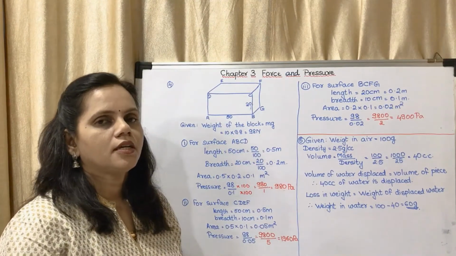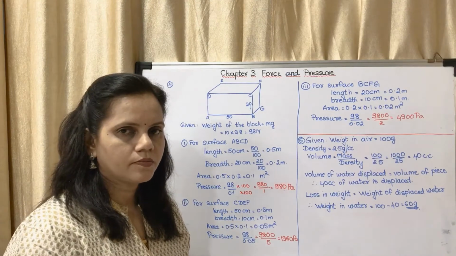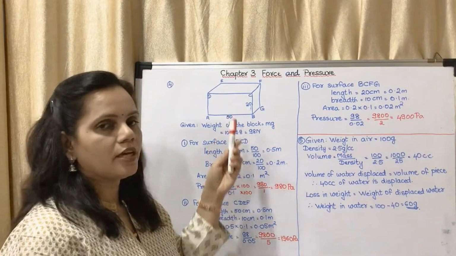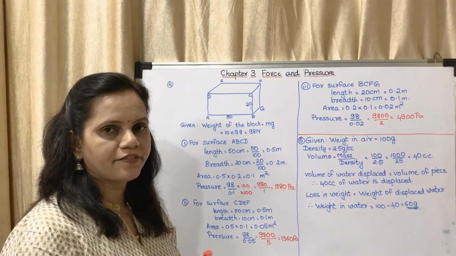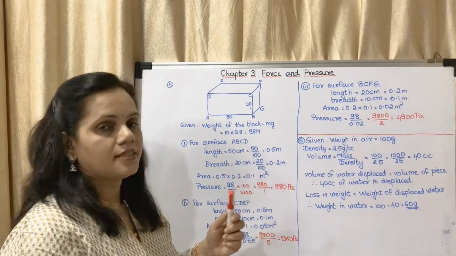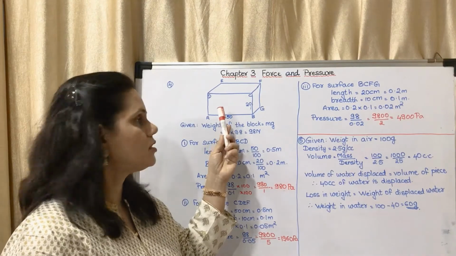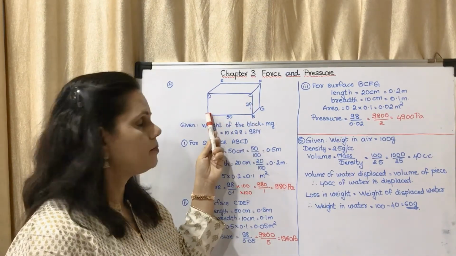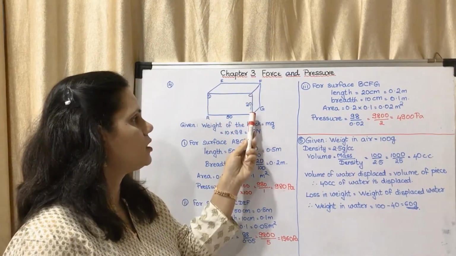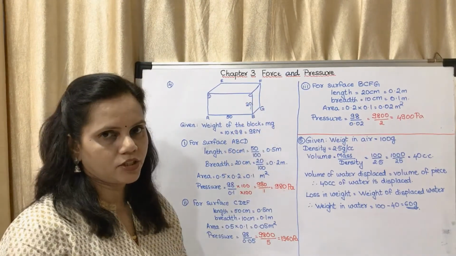I repeat, there is a metal block of this shape. There are 6 different surfaces, but 3 different types, 3 different dimensions. This is one dimension, this is another dimension, and this is the third dimension.